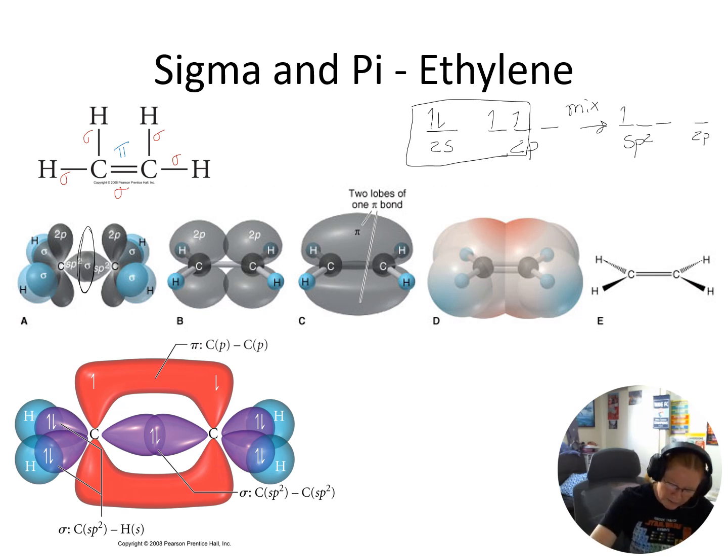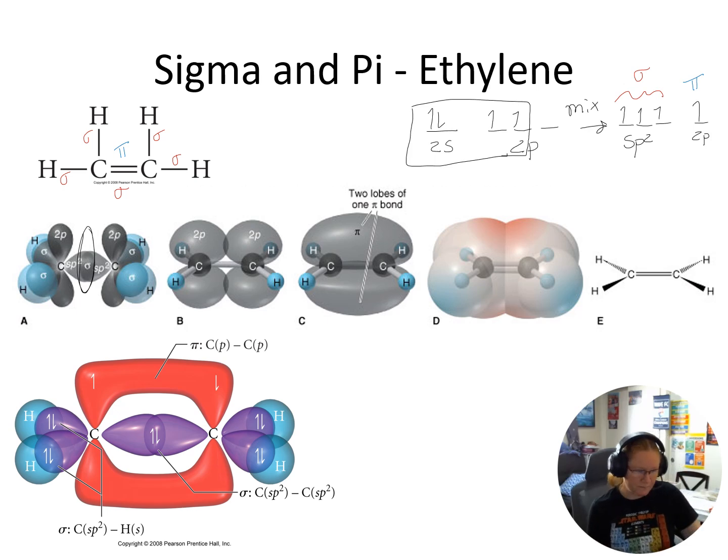I have 1, 2, 3. That accounts for each of the 3 sigma bonds that we see. And then that left over 2p. And so this accounts for the sigma bonds, and this allows for that pi bond formation.